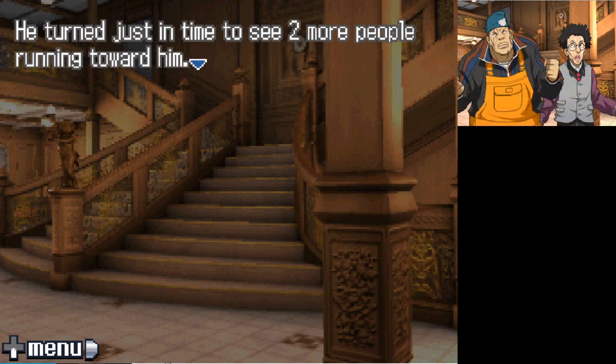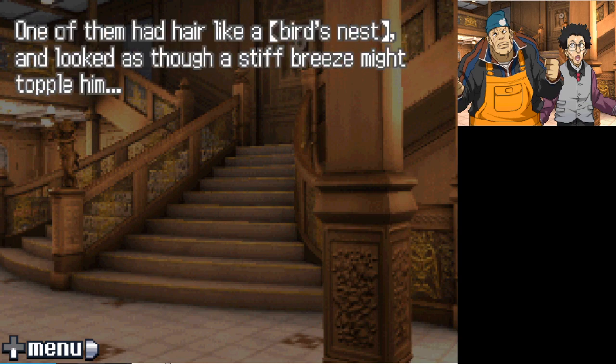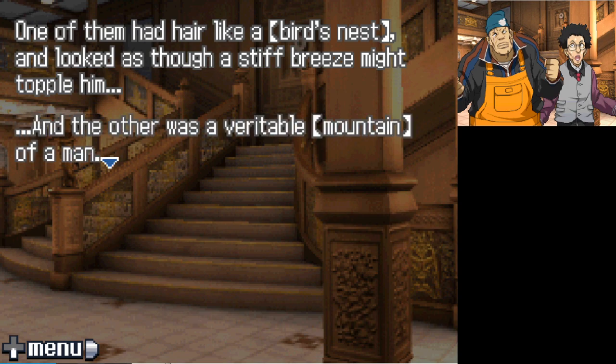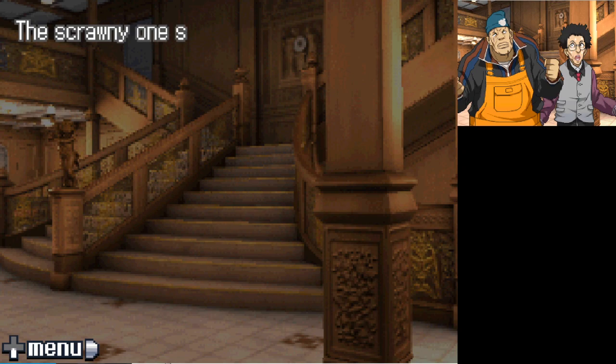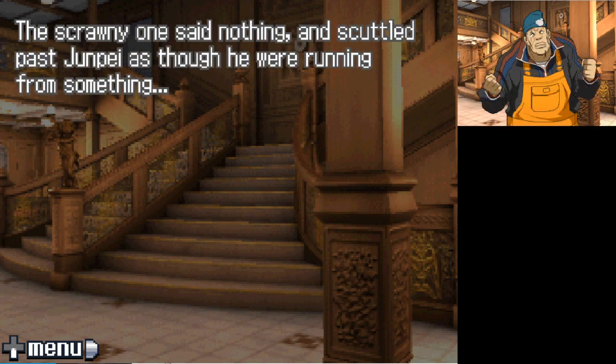He turned just in time to see two more people running toward him. One of them had hair like a bird's nest, and he looked as though a stiff breeze might topple him. The other was a veritable mountain of a man. The scrawny one said nothing and scuttled past Junpei as though he were running from something. "Hey, what the hell are you standing there for? Didn't you hear him?